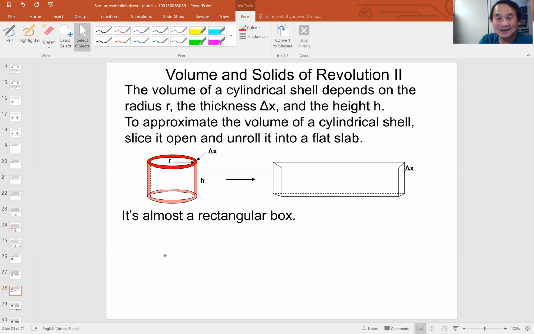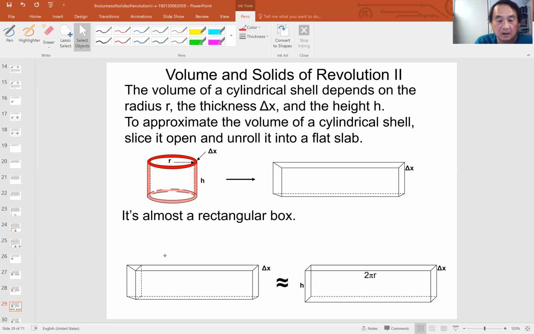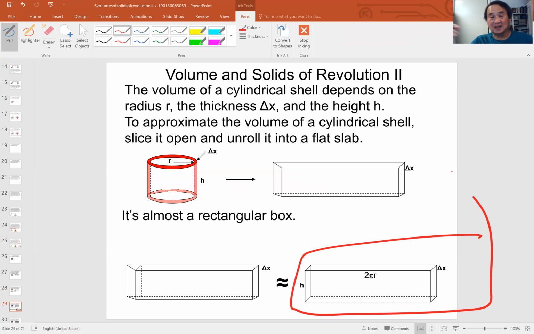And then if I slice open this cylinder, it is almost a rectangular sheet with delta x thickness. It has a little extra, okay? A rectangular sheet that's very thin, delta x thickness.